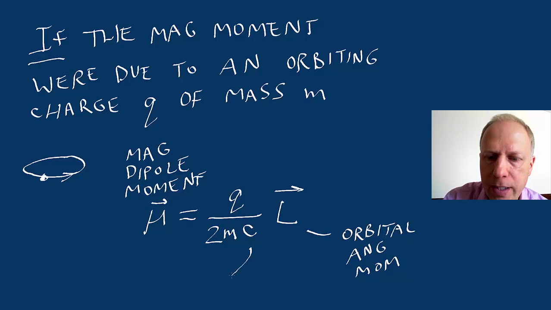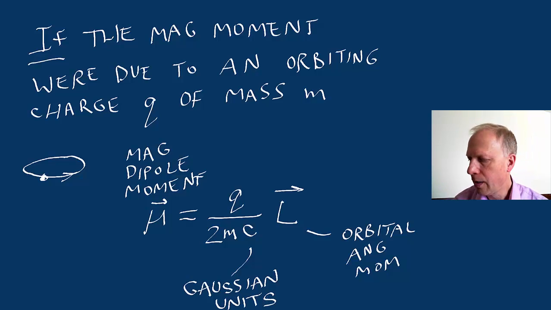This speed of light is a feature of the formula using Gaussian units, not SI units. You should look in Appendix A for a comparison between the Gaussian formulas and the SI formulas in electricity and magnetism.